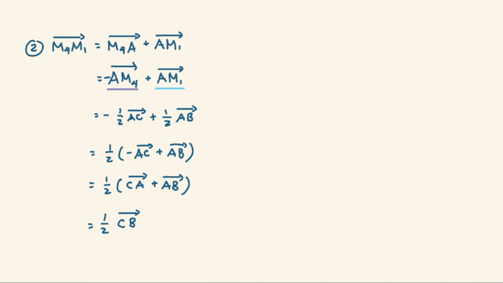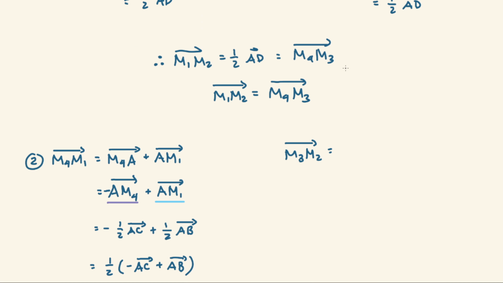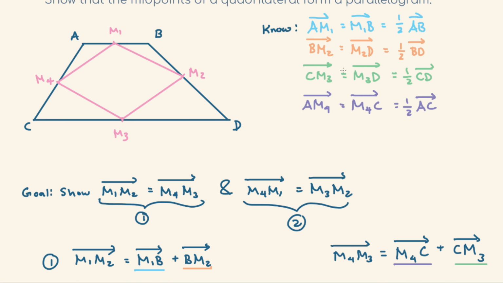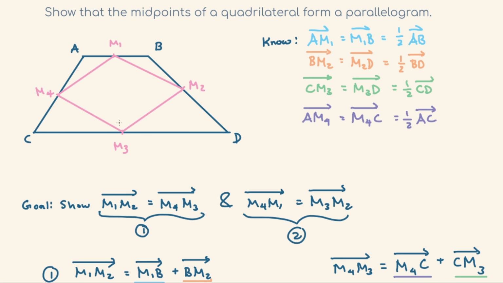We can start looking at the right-hand side of the equation, which was M3M2. Okay, and so if we scroll up to look at M3M2, where is that in my diagram? That's this guy over here, M3M2. And so how can we re-express this vector M3M2? Well, we can say this vector is the sum of the vectors M3D and DM2.